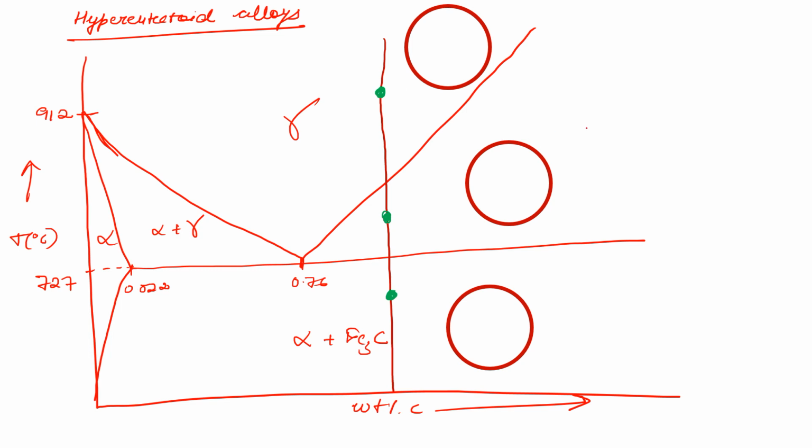Okay, so this is gamma plus Fe3C, by the way. Here we have a similar example we have seen for hypo. So this part will be completely gamma phase. This part here we have small precipitates of carbide Fe3C.